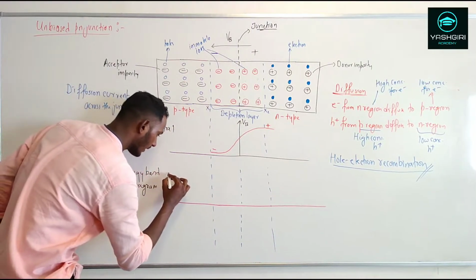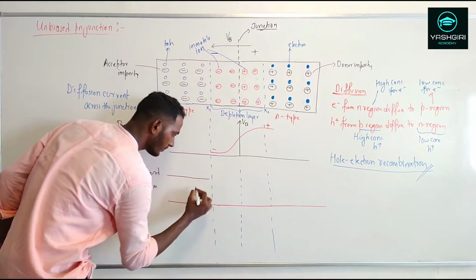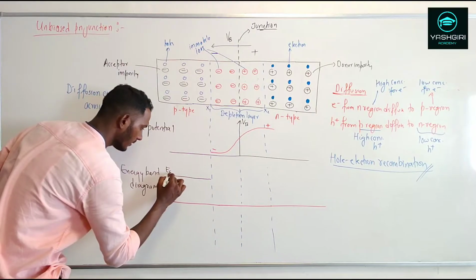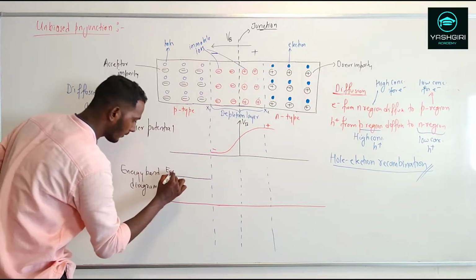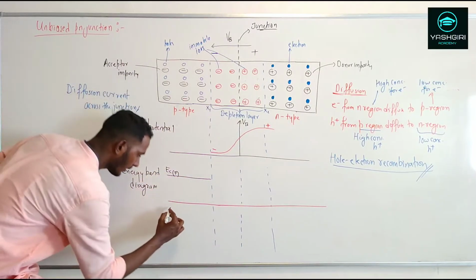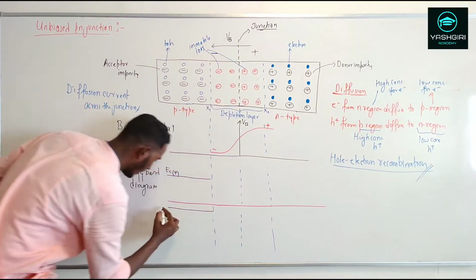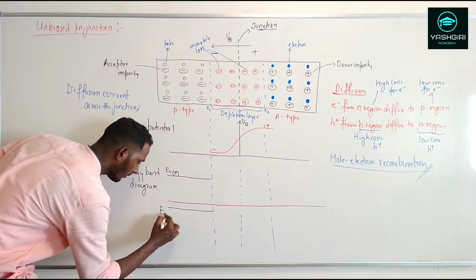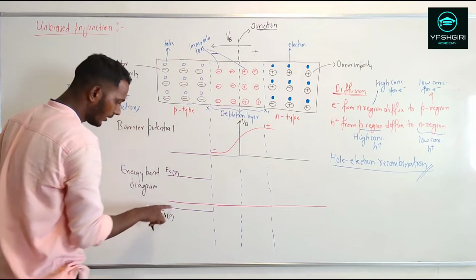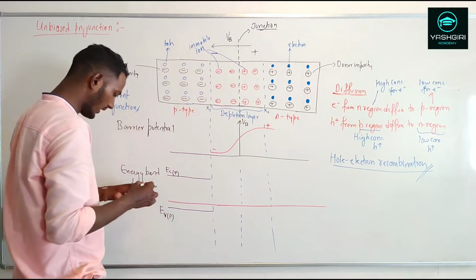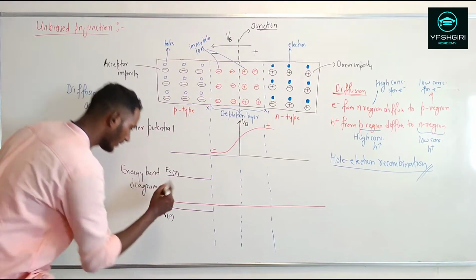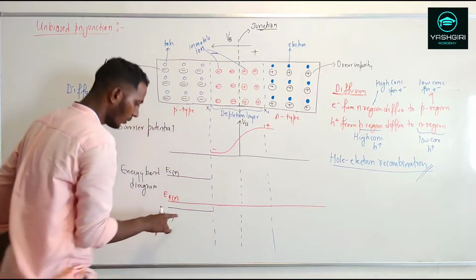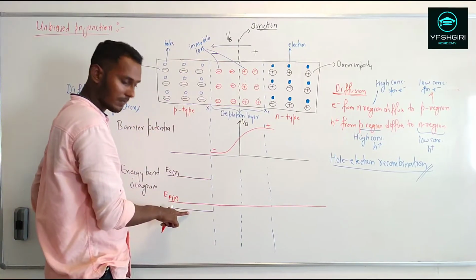So this is my conduction band, EC, which stands for the conduction band of the p-type, and let this be the valence band for the p-type, EV. Now here this is my Fermi energy, EF, for the p-type, which is close to the valence band.